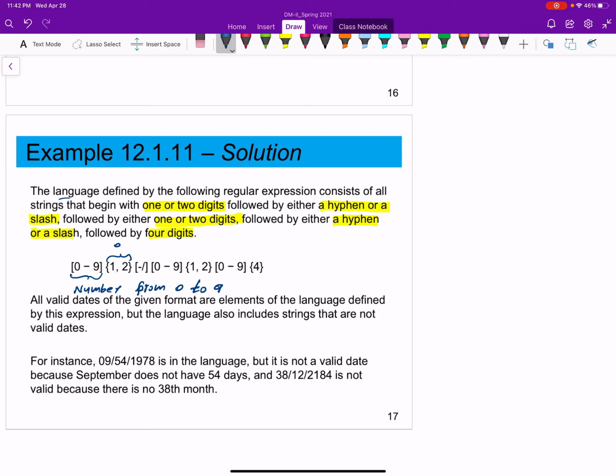One number or two numbers, and then again here this means hyphen or dash.